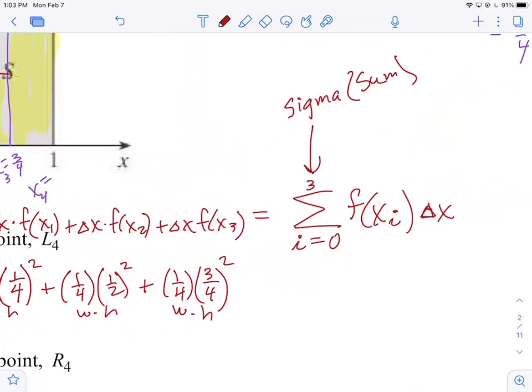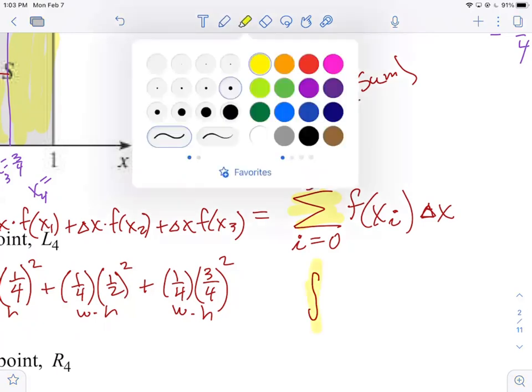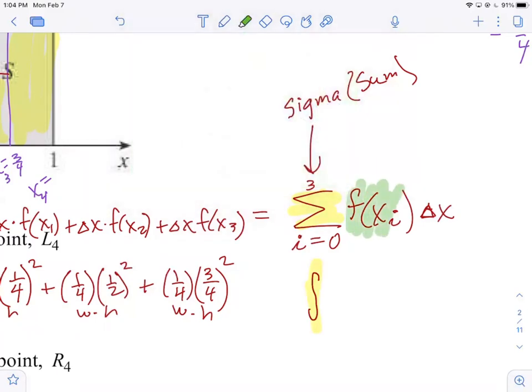All right. That's looking good. Now, notice the similarities. This sigma will turn into another S, but it's going to be an elongated S called the integral symbol. The f of x sub I turns into just f of x. And then the delta x, which is finite and measurable, turns into, guess what?